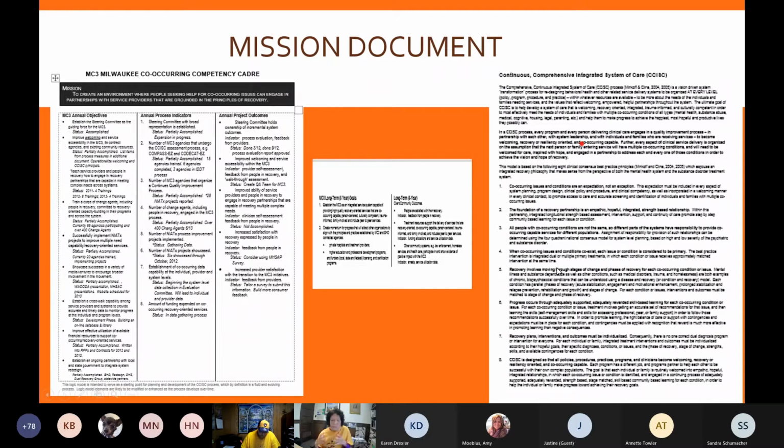That care will be person-centered. It will be trauma-informed, co-occurring, culturally competent, recovery-oriented, stage-matched, all those MC3 values that we practice. This is kind of the mission document that we came up with in 2009, 2010, that was instrumental as a plan of care for our community and our systems.